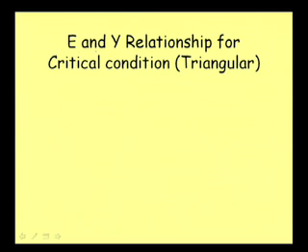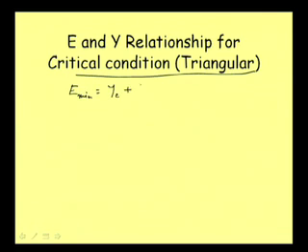In this slide we will be discussing the E versus y relationship for critical condition in a triangular channel. Let me again start from specific energy, E minimum. We are talking about E is equal to yc plus v square by twice g.